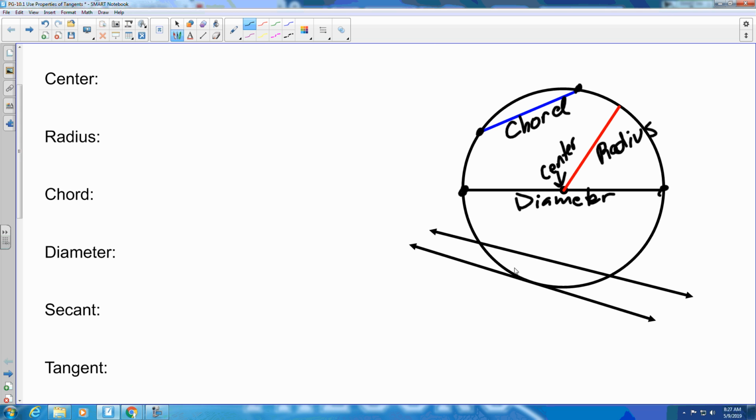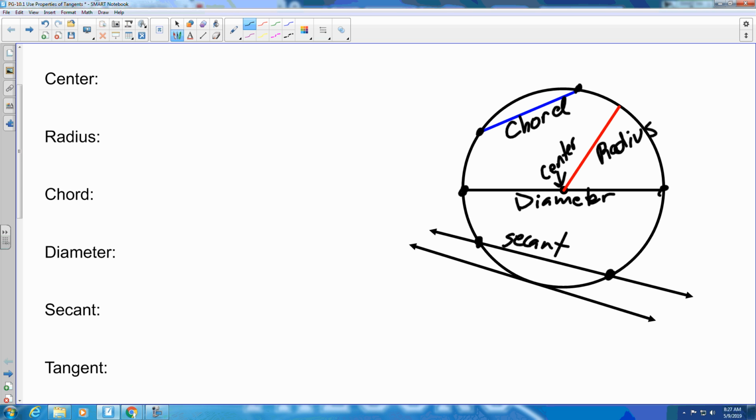Next term here we have secant. This is the secant. A secant is a line, so if you see it's got arrowheads, it's not a line segment, it's a line that intersects the circle at 2 points. So we've got 2 points of intersection here and here, so it qualifies as a secant.